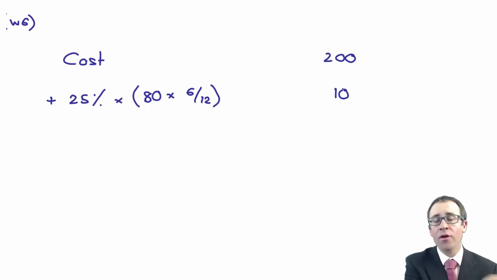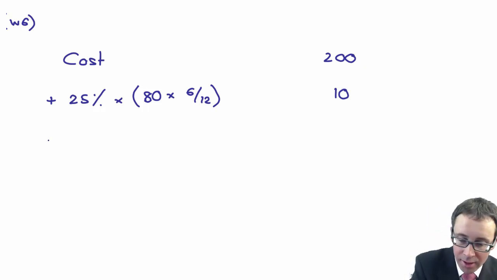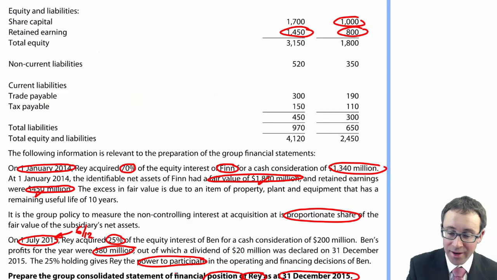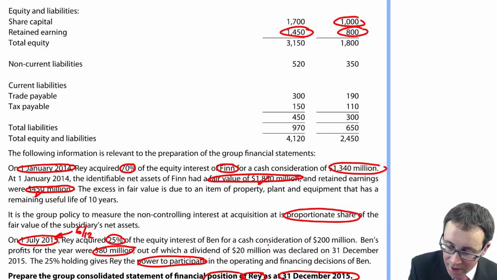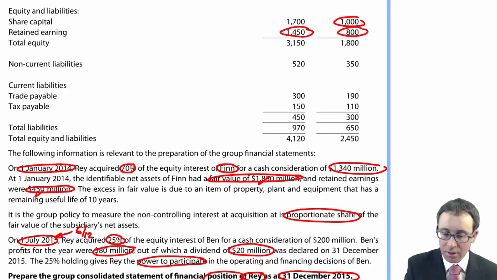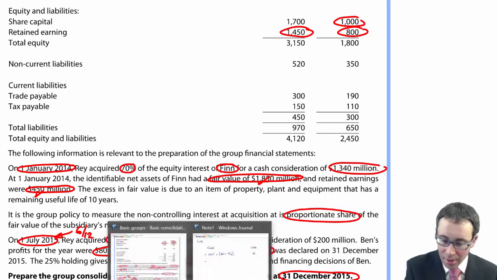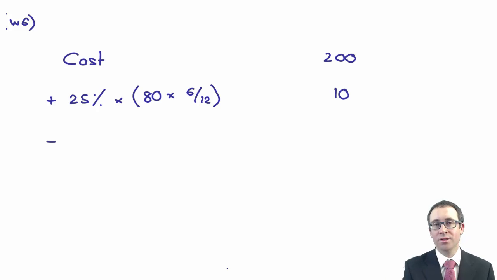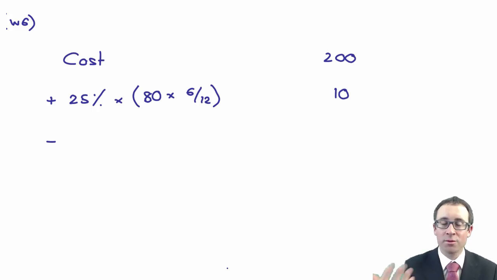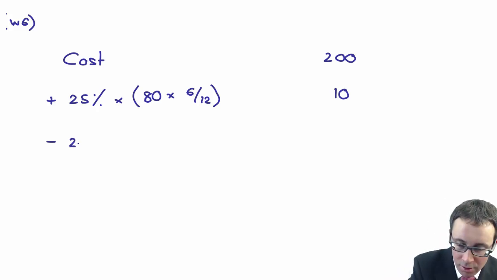The other bit that I just wanted to throw in is the bit to do with the dividend, because we've actually received our share, so 25% of that dividend. And that dividend is a reduction within the investment that we have in the associate.